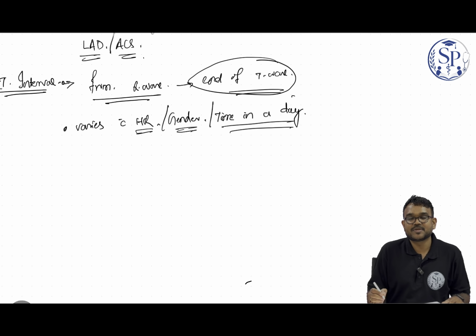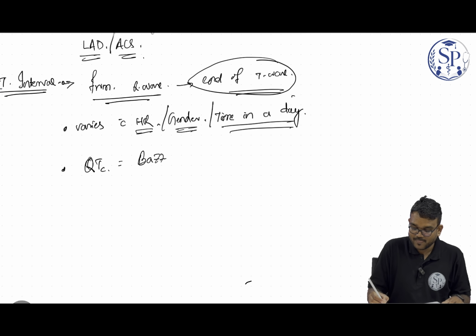So because it varies with gender, time and heart rate, we have to measure the QT in a corrected manner. So the QT corrected will be measured, which will be done by Bazett's formula, which is clinically accepted.